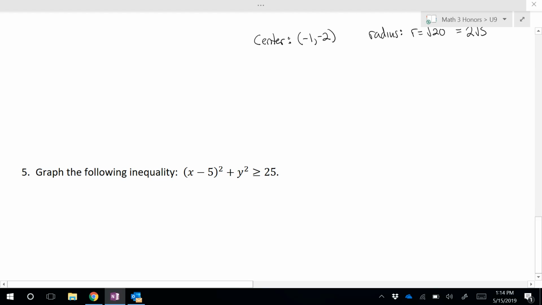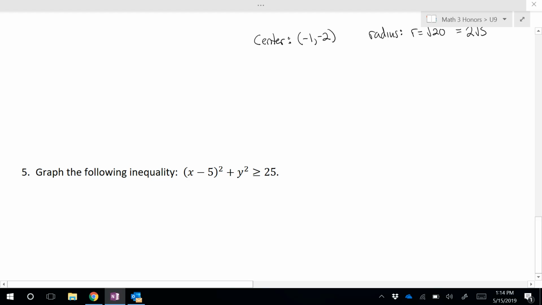So last example is I want to show you what to do if it's an inequality. Okay. So it's still a circle, but when we graphed inequalities before, what were the two things we had to think about when you graph an inequality? So when you're graphing though, what are you putting on your graph that's different than if it's just equals?